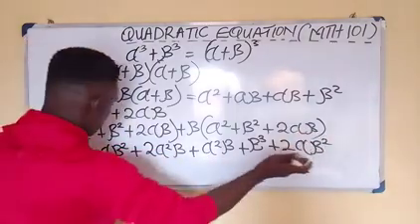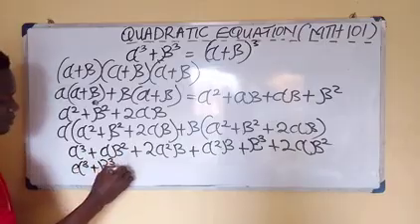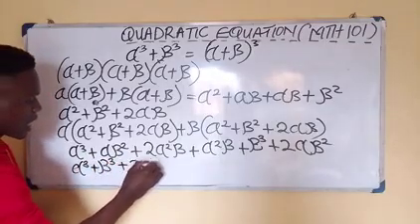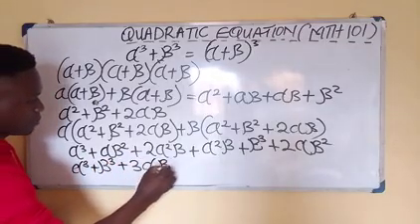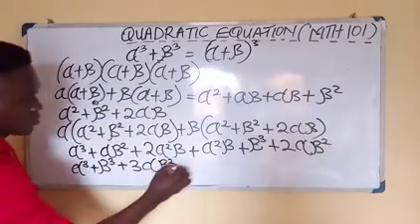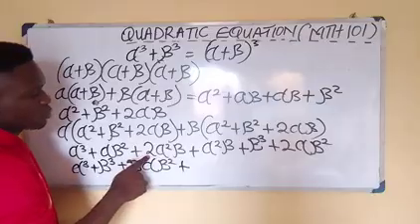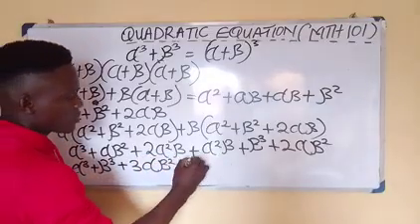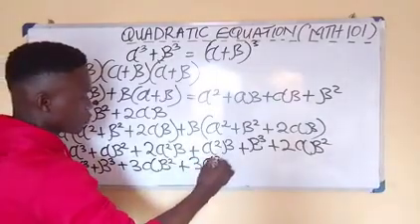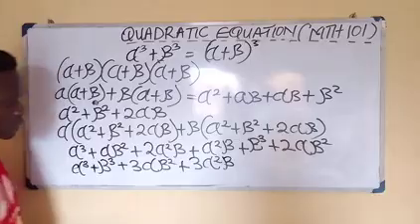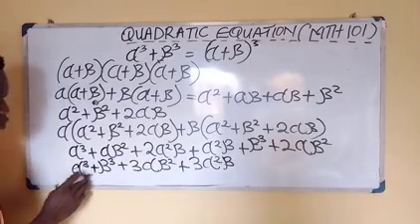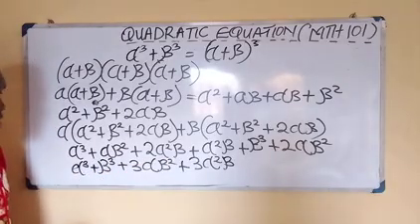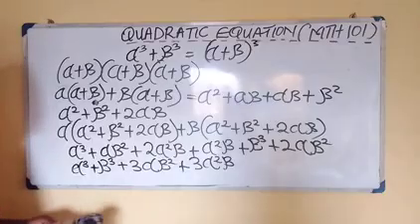So if these 2 combine with this, I'll now be having plus 3 alpha beta squared, right? Then plus I'm having 2 alpha squared beta plus another one, so it becomes 3 alpha squared beta. Alright, so this is what we are going to have, but that is not the final expression.